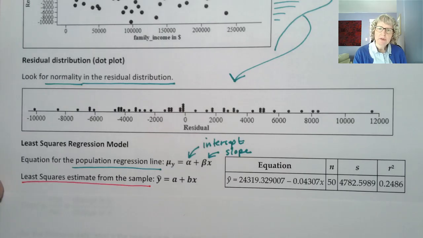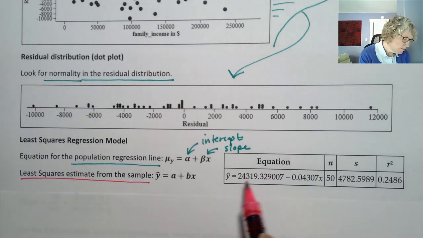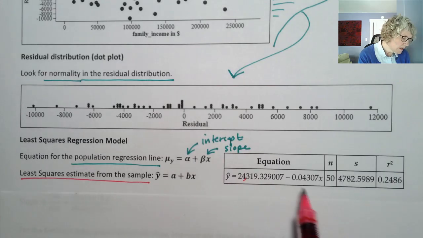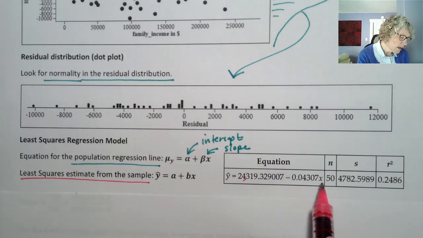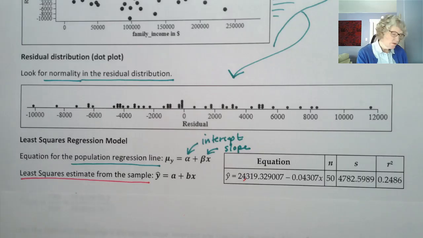And you can see here's the output from Statplet. Y hat equals 24,319 and change minus 0.04307x.